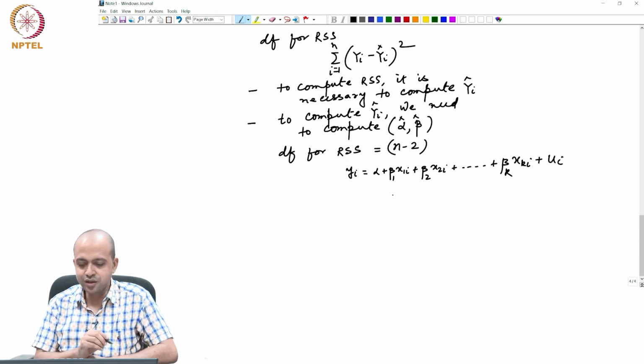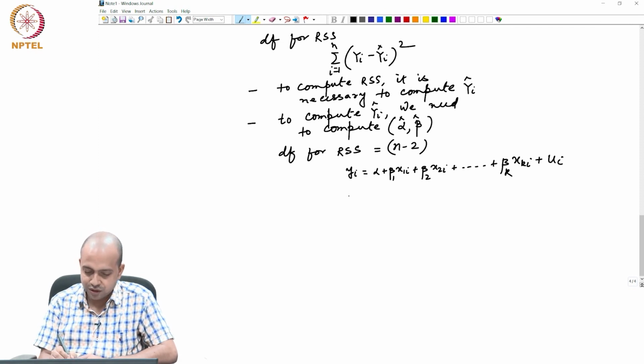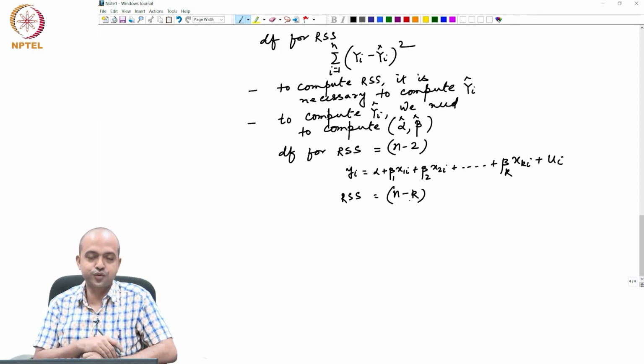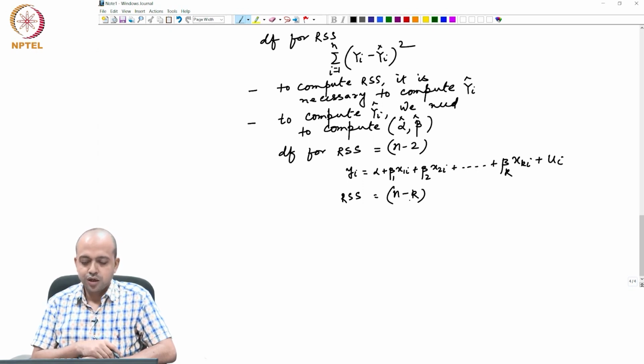So that is the reason I would say that when you have k number of parameters, then degrees of freedom for RSS would be n minus k for a generalized model. All right. So, that means n minus k is the degrees of freedom.